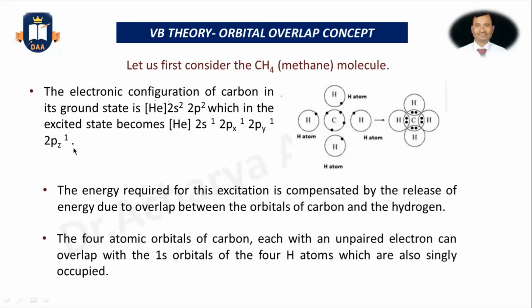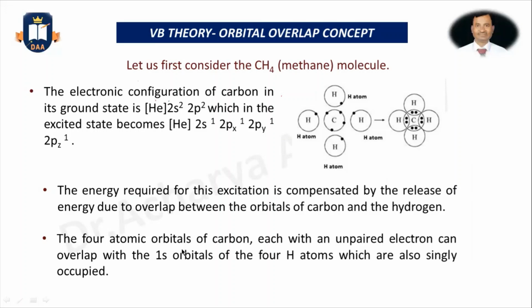That means before the formation of molecules, each atom should have an unpaired electron. Whatever energy is required for this excited state will be compensated by the energy released due to the formation of bonds.